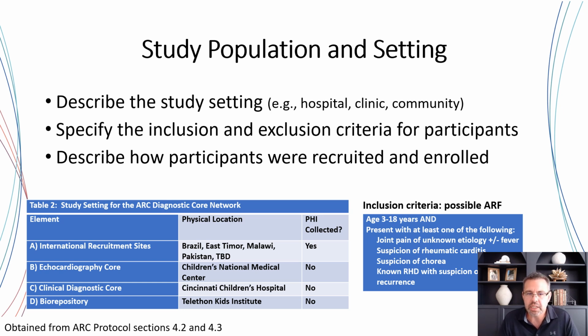And so the inclusion criteria could be ages 3 to 18 years of age, and also presenting with at least one of the following: joint pain of unknown etiology, plus or minus fever, suspicion of rheumatic carditis, suspicion of chorea, or known RHD with suspicion of acute rheumatic fever recurrence. And so these would be, again, examples from the protocol that could be adapted to help you start writing your method section.